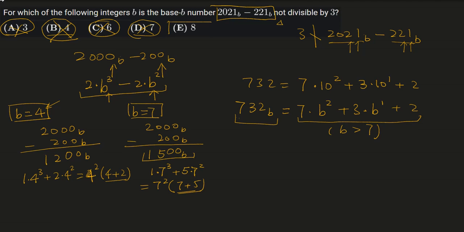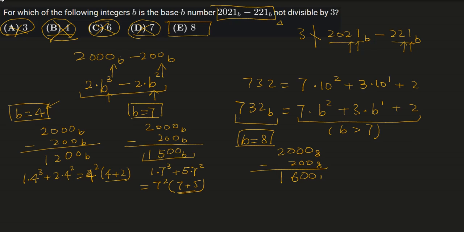Therefore, our choice is E. But in order to make this analysis complete, let's still check it out. When b equals 8, we have 2000 in base 8 minus 200 in base 8 as well. Taking the subtraction, that's 0, 0, and then we borrow 1, which is 8. So 8 minus 2 is 6. Then we have 1.